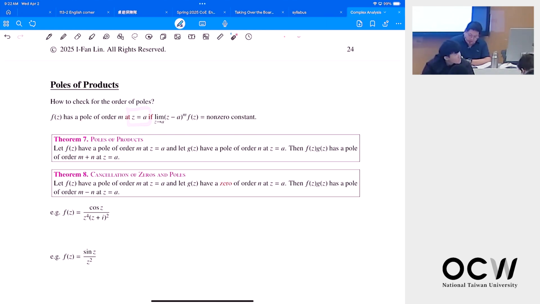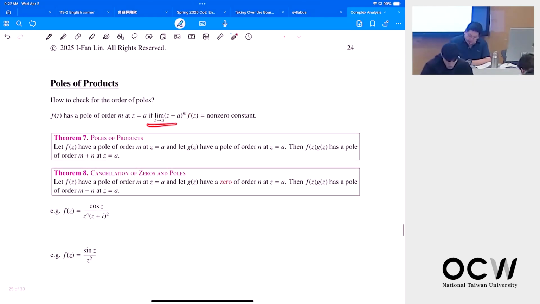If z equals b, c, or other numbers, then the pole order may be different. So I say that it is a pole of order m if I take the limit of z minus a to the m-th power times the complex function, and this is a non-zero constant.